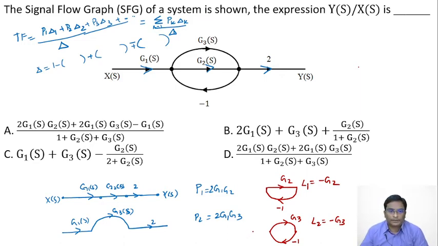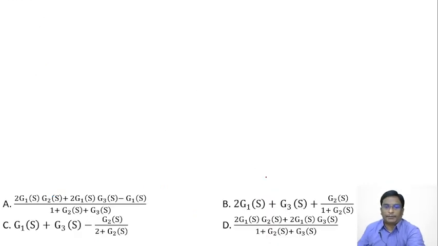Right, everyone? This is the forward path, and without this forward path, this is the loop. I'm writing again. What is P1 we got here? P1 is 2 G1 G2.